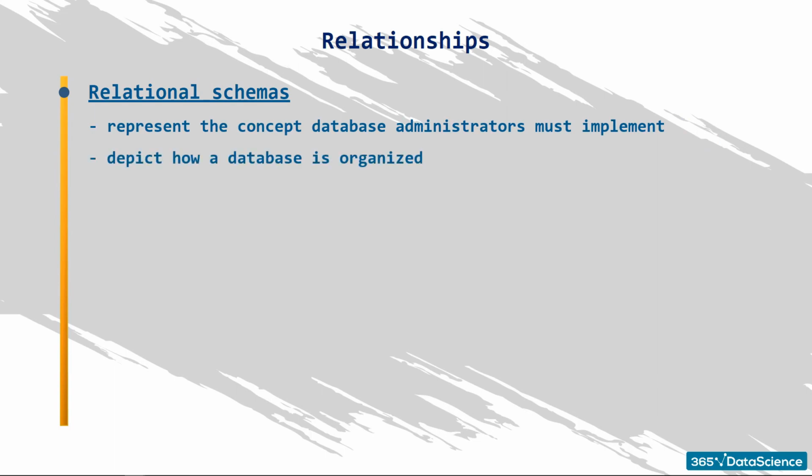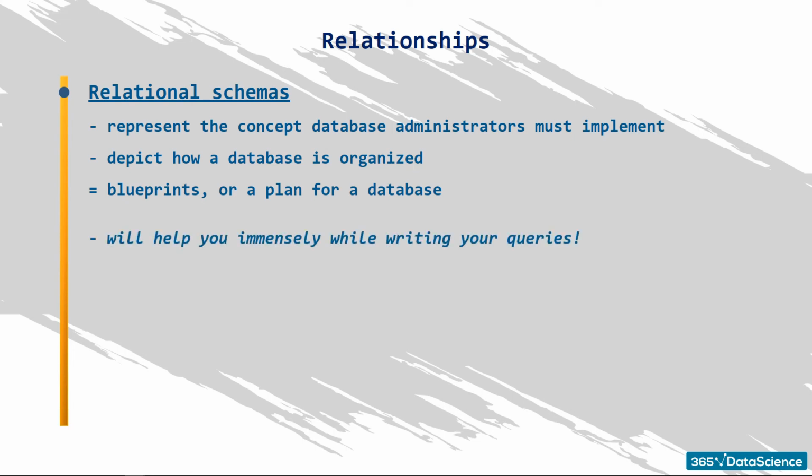They depict how a database is organized. They can be thought of as blueprints or a plan for a database, because they are usually prepared at the stage of database design. Drawing a relational schema isn't an easy job, but relational schemas will help you immensely while writing your queries. A neat and complete visualization of the structure of the entire database will always be useful when retrieving information.